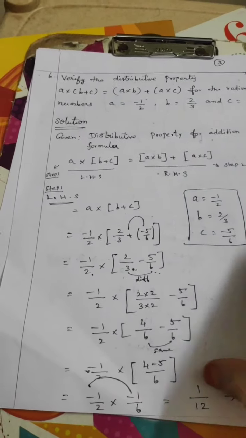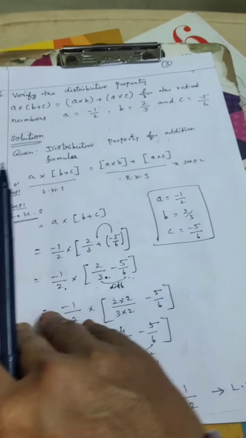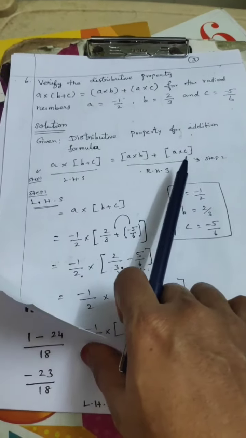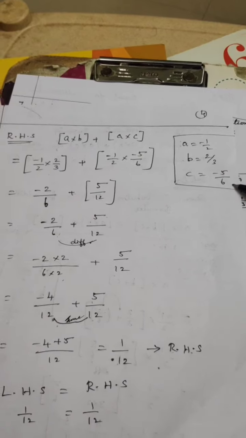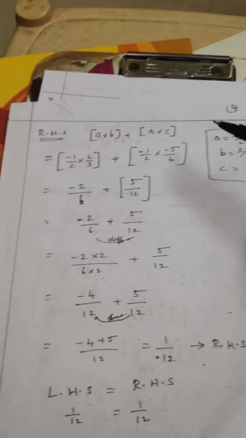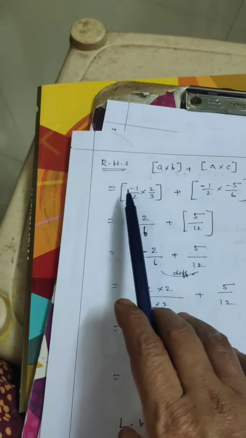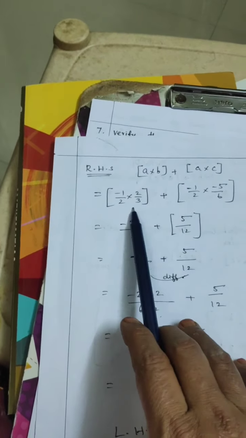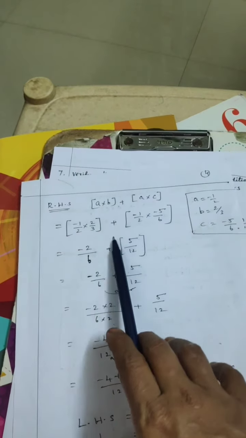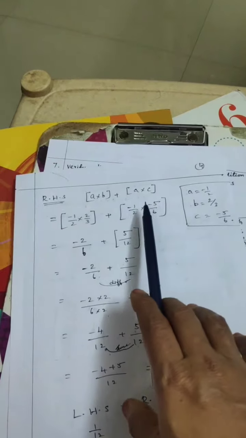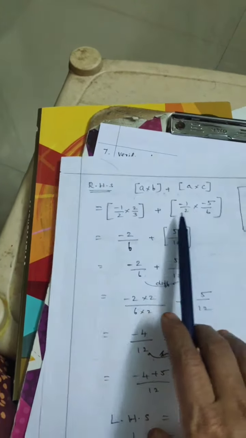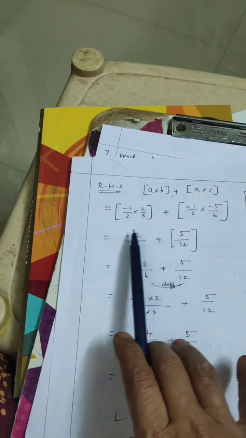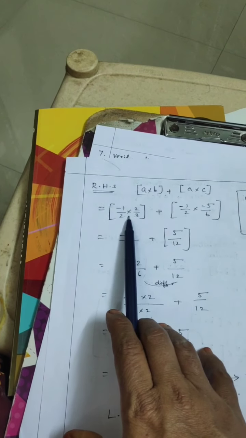Now RHS value. RHS formula: a × b + a × c. a is minus 1/2, b is 2/3, c is minus 5/6. Substitute here: a × b is minus 1/2 × 2/3, plus symbol, a is minus 1/2 × c, which is minus 5/6. Now this one, no need to take the LCM, because the symbol in between is into.